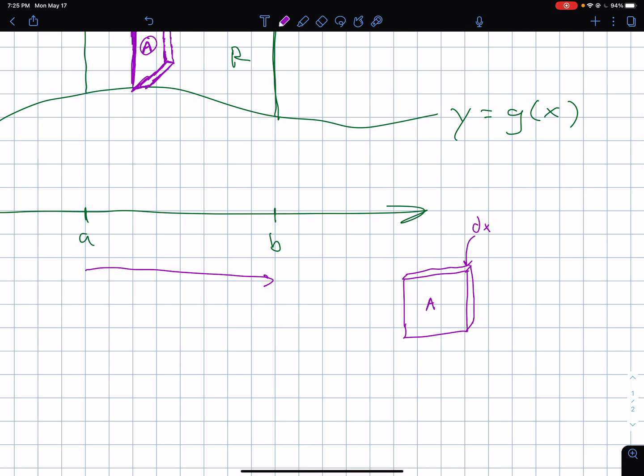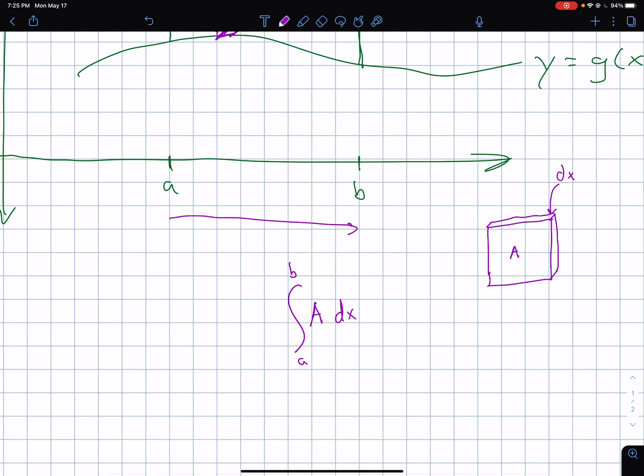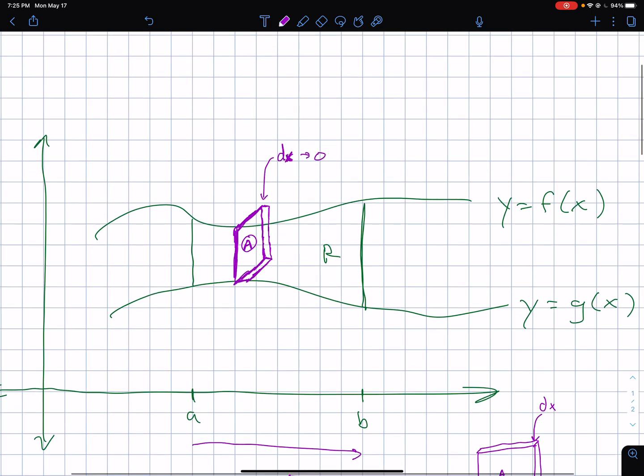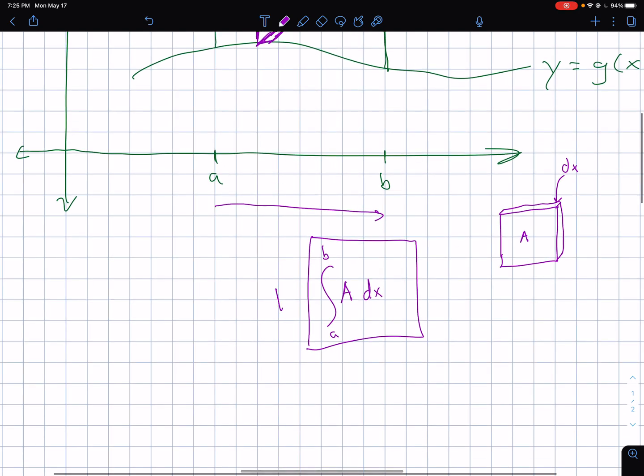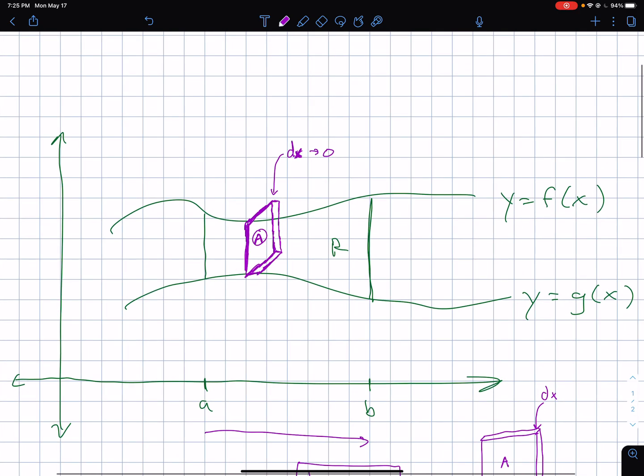If I find that area, it's always going to be area times dx. That'll give you the volume of one of these, and then we can add them up from A to B. This is the general formula for finding the volume with any cross section. So it all comes down to finding the area of that square.